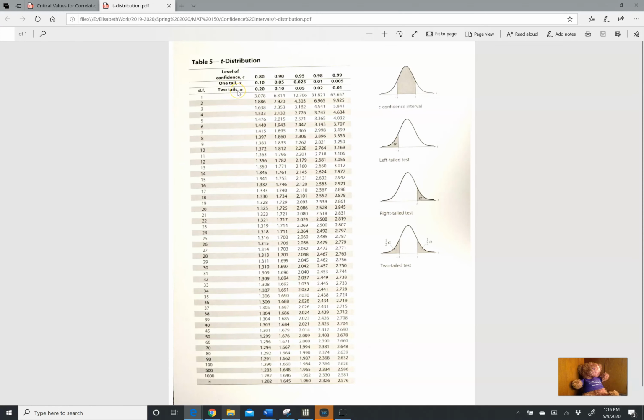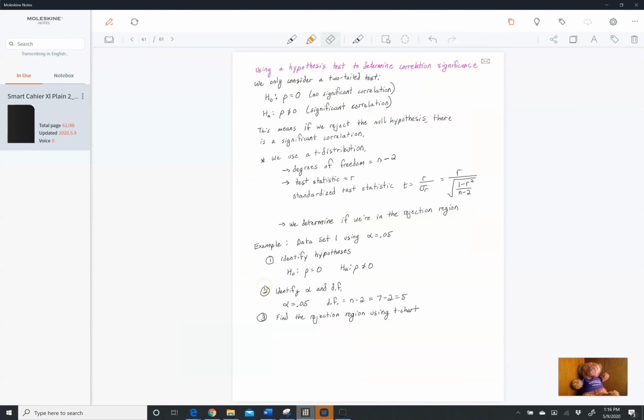We're looking up 2 tails, only the 2-tail test. Alpha is 0.05, and your degrees of freedom is 5. So your t sub 0 is 2.571. So our rejection region, it's 2-tailed, so it's either less than negative 2.571 or greater than positive 2.571.